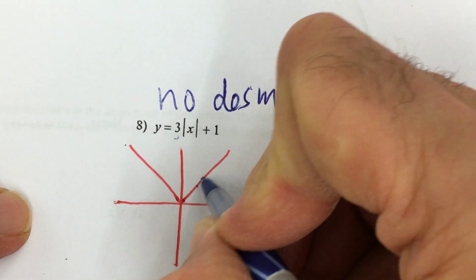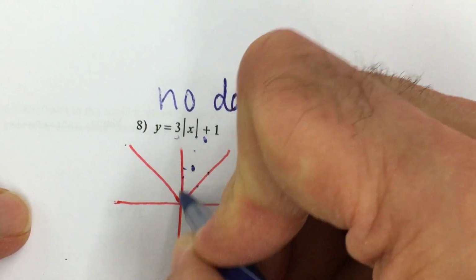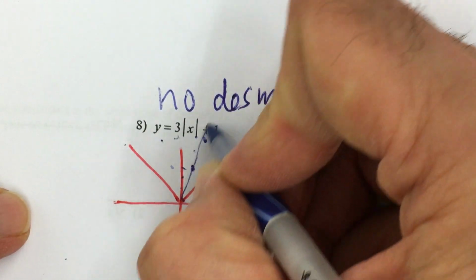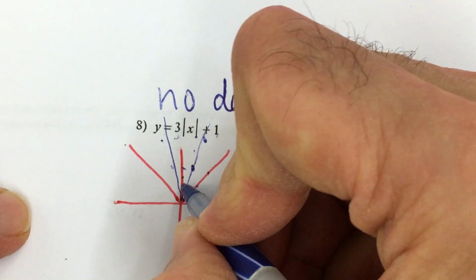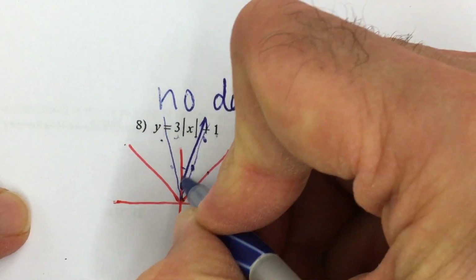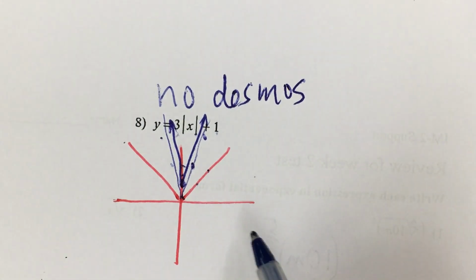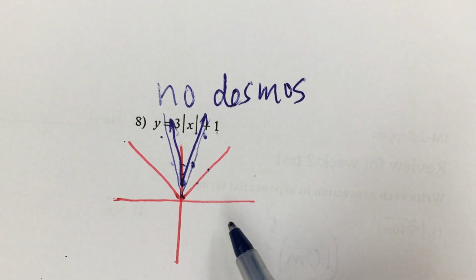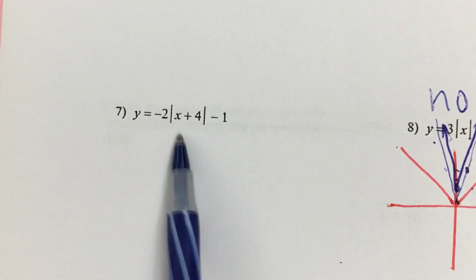So instead of 1 over 1, it goes up 3 over 1, the other way too. So it's going to look like this, steeper. And also, it goes up 1. There's my graph. You should have a graph on the test in order to do this. You do this one, okay?